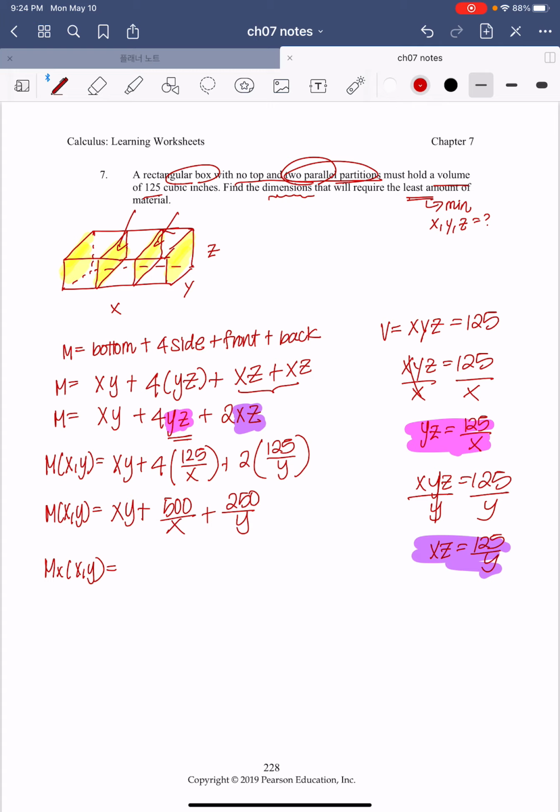If I take the partial derivative with respect to X, the first term gives me a Y. Let's make it more derivative friendly.